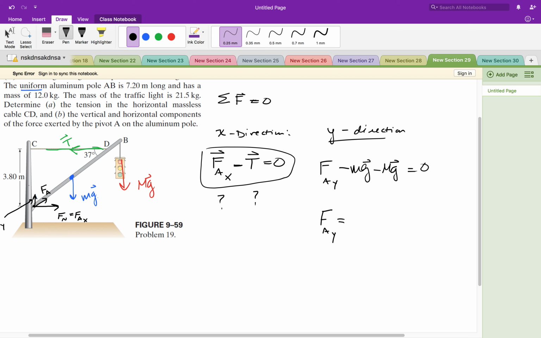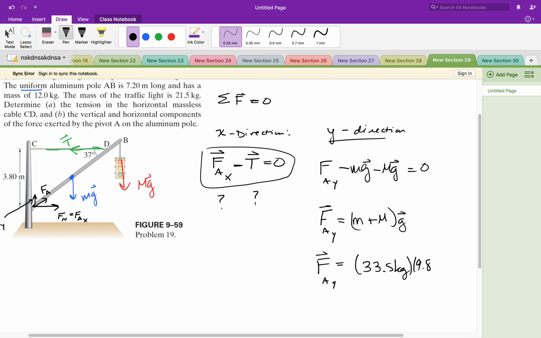So that's going to be little m plus big M times g. So let's go ahead and at least get the y component of that. So the masses are 21.5 and 12. So that's going to be 33.5 kilograms.